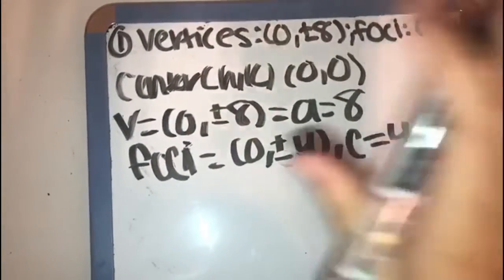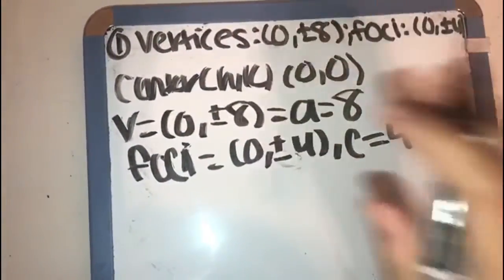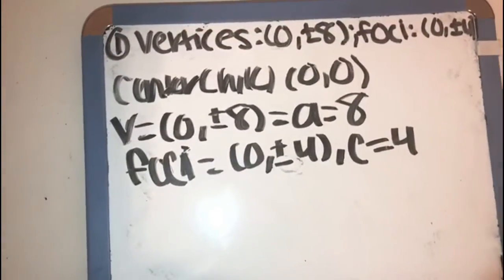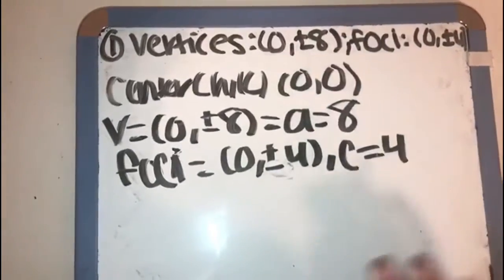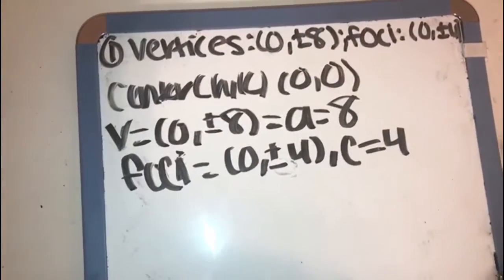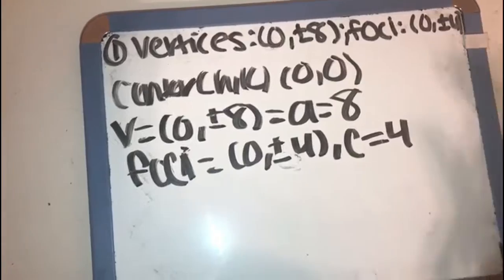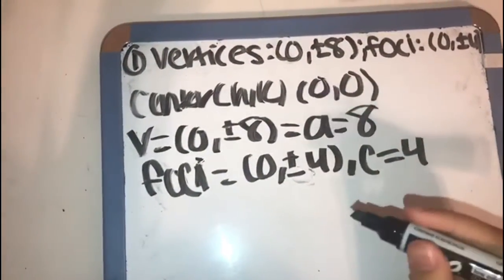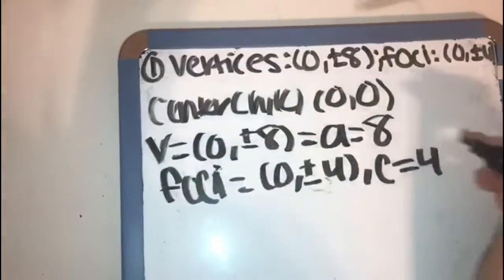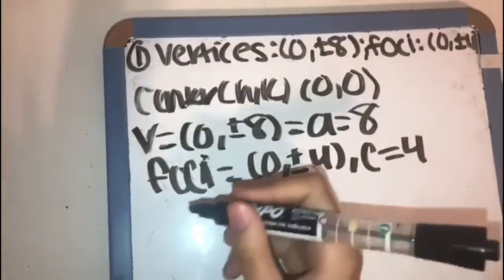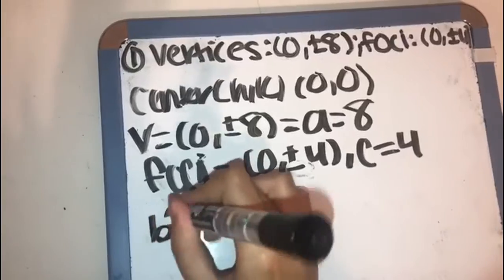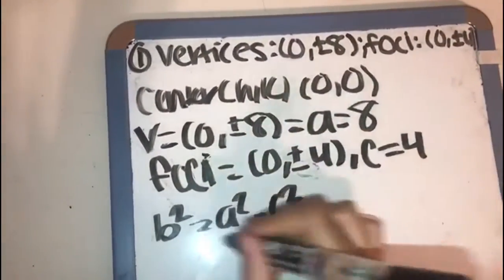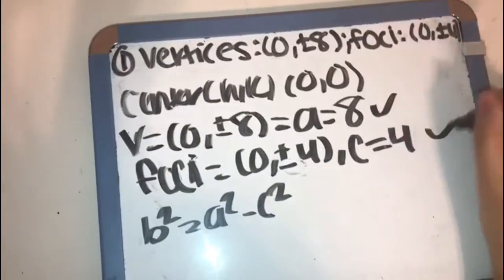Now, remember how previously I talked about a formula where you're going to be subtracting. It's kind of like the Pythagorean theorem, but not really, because you're not multiplying or dividing anything or finding the square root. It's just subtraction. That's all. The formula I was talking about is b squared equals a squared minus c squared. In this formula, you see how we found a and c?